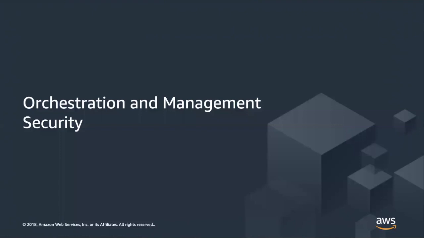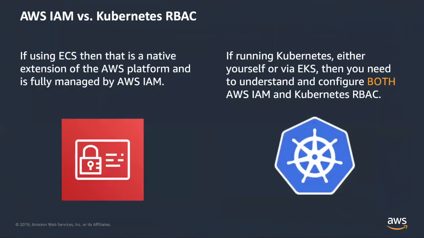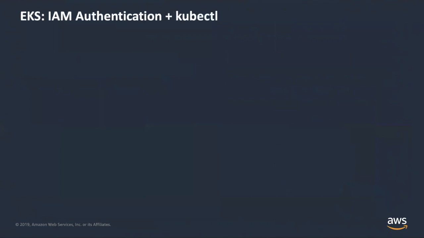In terms of managing your orchestration tooling, this is where we get into how what Kubernetes does can be made to integrate into a regular AWS world. So we've got our identity and access management system, IAM. This integrates readily as it comes with ECS for regular Docker on AWS. If you're running Kubernetes, it's got its own mechanism with its own Kubernetes role-based access control system, and you need to integrate the two.